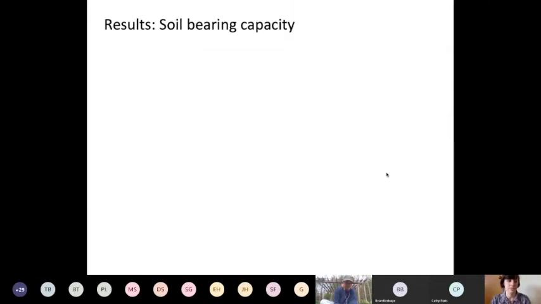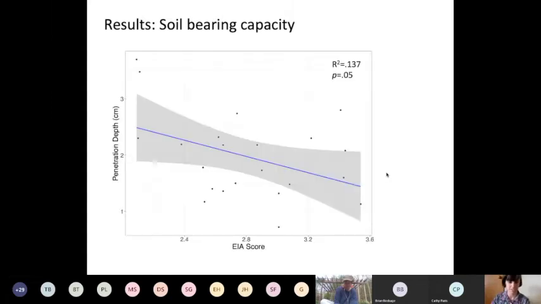Another way that I wanted to validate this metric was to look at the relationship between penetration depth and a general condition score for each of my sites. And so here you'll see this EIA score is an ecological integrity assessment score that is used by the state and ranges from 0, very poor, to 4, excellent.